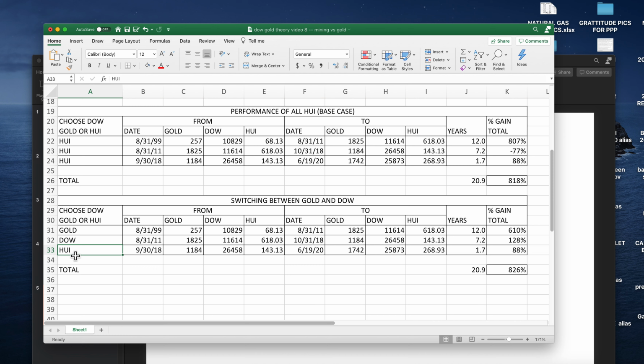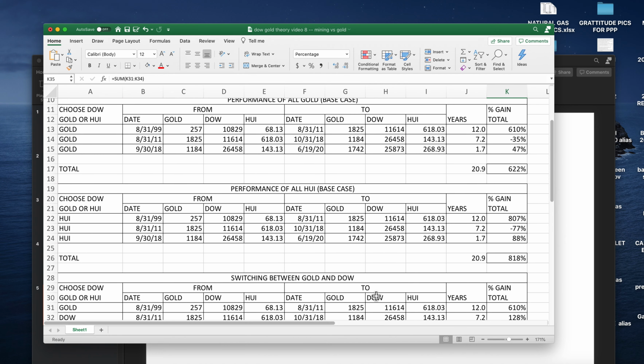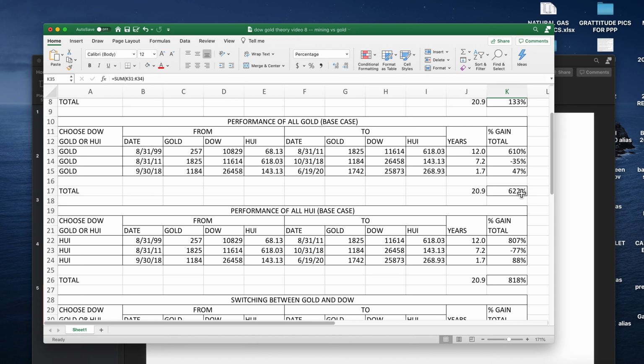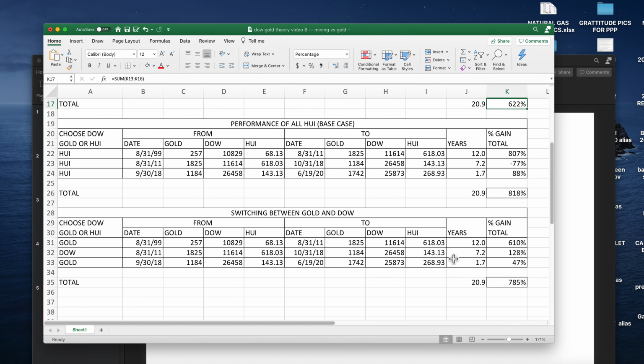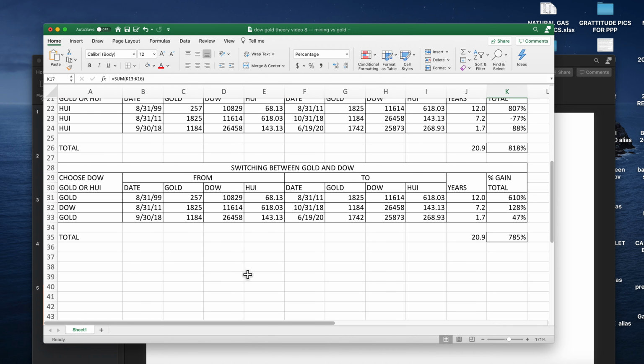So obviously this is going to be better. And then gold here. And there's a logic to that. So that is a lot better than being in all gold. Okay. So switching, did I spell that right? Switching between gold and Dow.